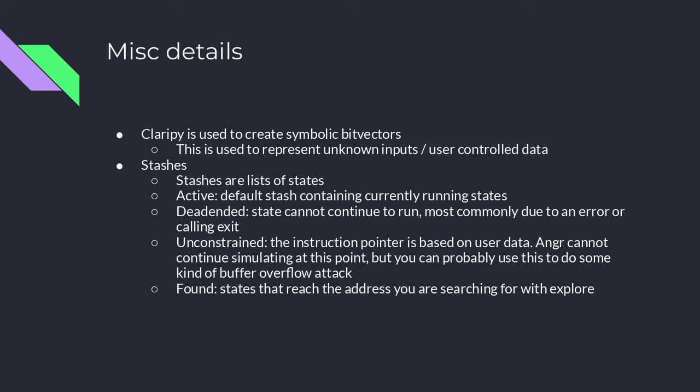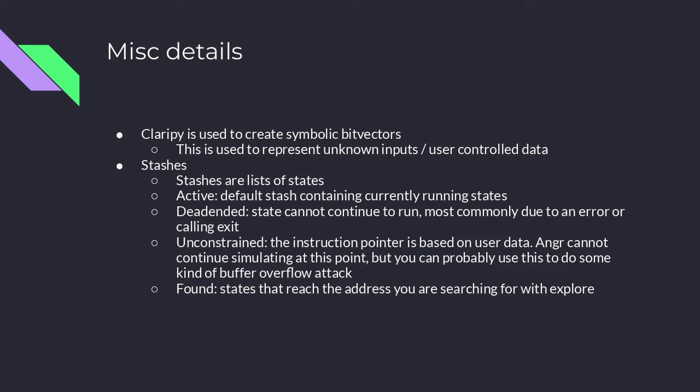There's an unconstrained state. If Angr finds one of these states, your program is vulnerable, because it's not reasonable to ask Angr to continue evaluating this condition, since it can do anything, because you control the instruction pointer. If this does happen, then the program that was being analyzed has a security vulnerability, or you messed up a stub function.